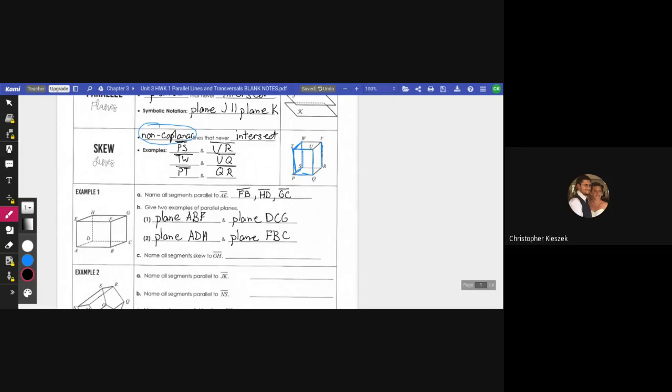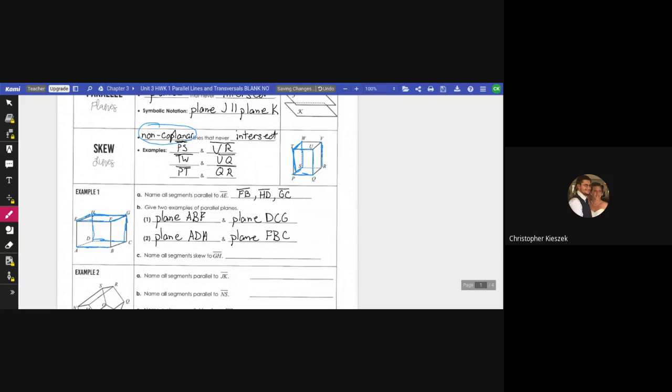And then the last one here, name all segments that are skewed to GH. So I'm going to trace GH here. And then what's part of GH? Top of the box, the back of the box, and also the diagonal portion, AB.